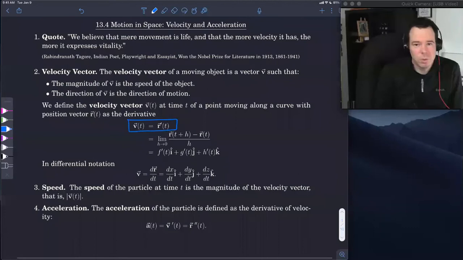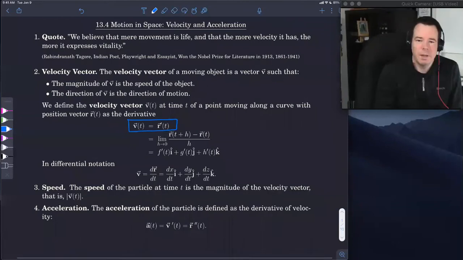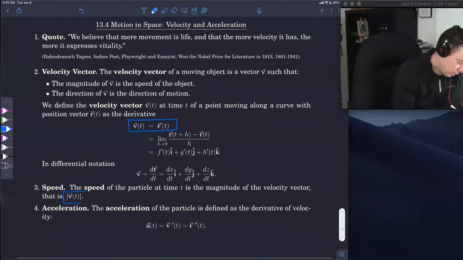Whereas now we're in space and our velocity vector can be pointing in any different direction as it moves along. It's just pointing where the particle's going. And the magnitude of that is what we call speed. So it's the magnitude of our velocity vector.